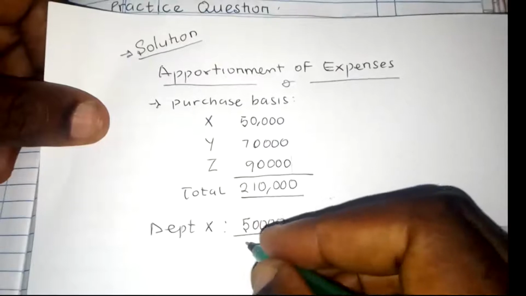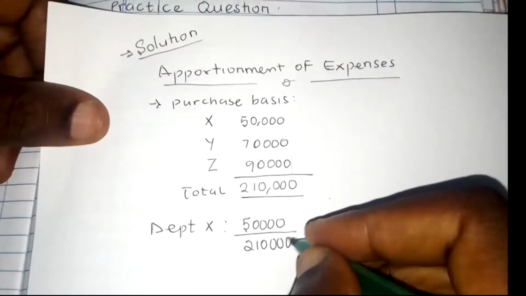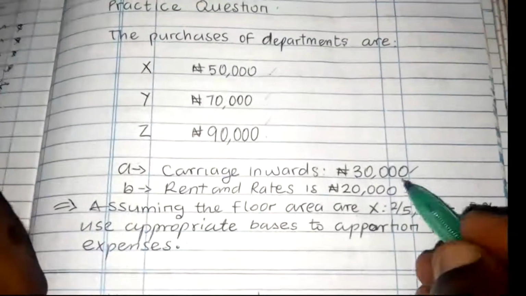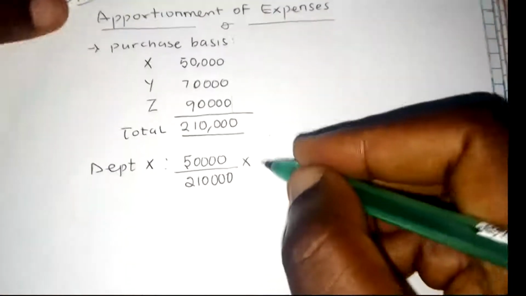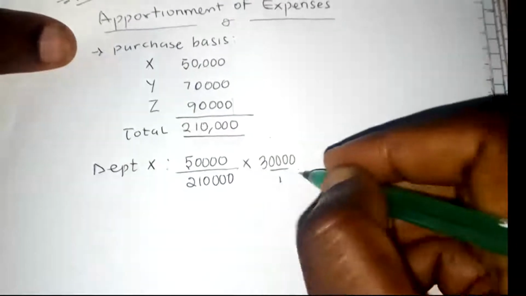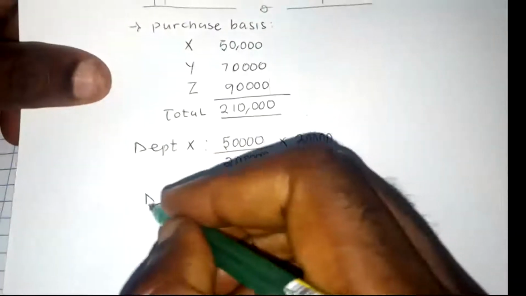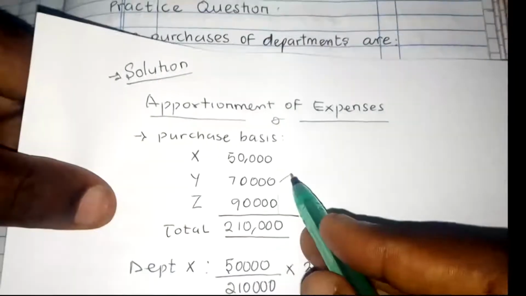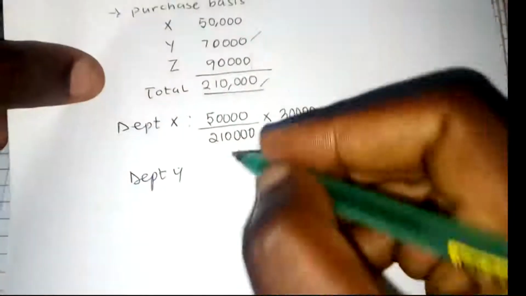Then department Z will be charged 90,000 over 210,000 multiplied by 30,000 over 1.